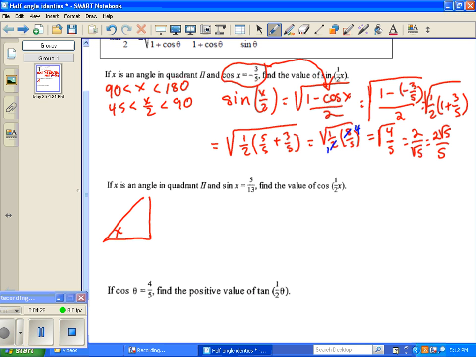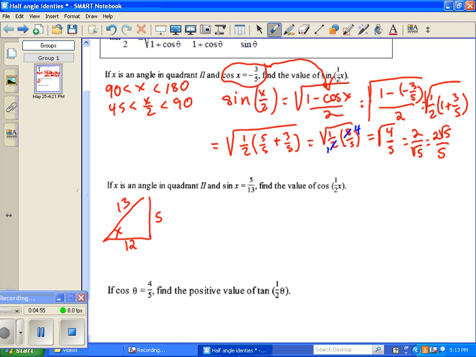So if this is our angle, sine is opposite over hypotenuse. So this is 5, and this is 13. So again, if you recall, just label the other side as 12. If you don't remember a 5, 12, 13 triangle, just use the Pythagorean theorem to get the third side.